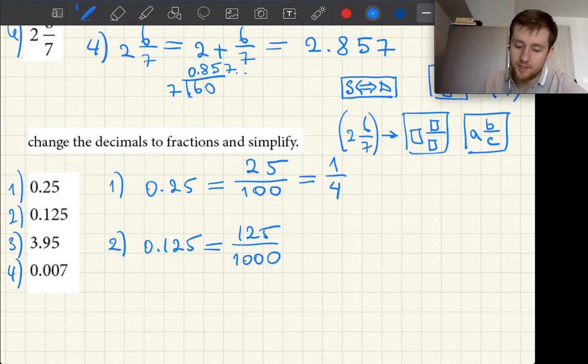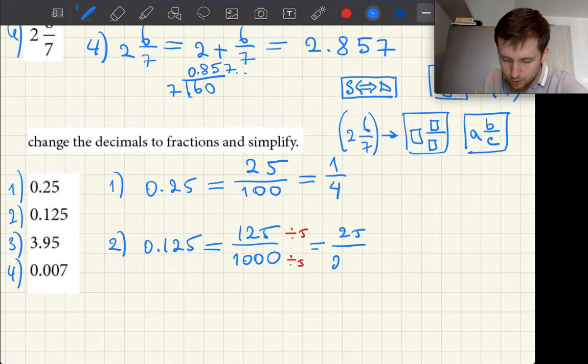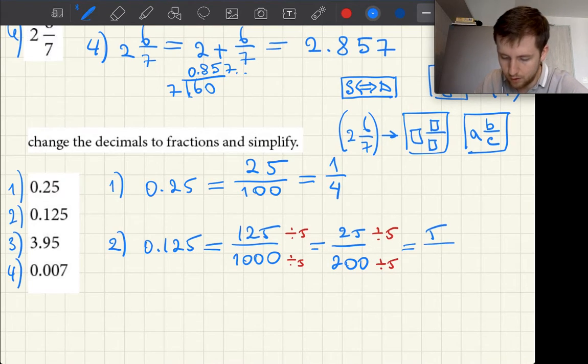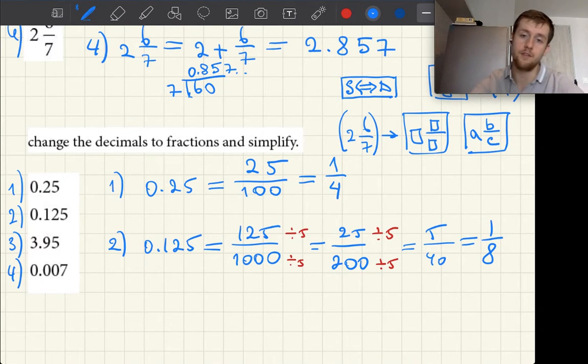So this can be simplified a couple of times. I think you know by now how to simplify, but let's do this quickly. It's going to be 25 over 200, divided by 5, becomes 5 over 40, which becomes 1 over 8. 1 over 8. So that's the final answer.